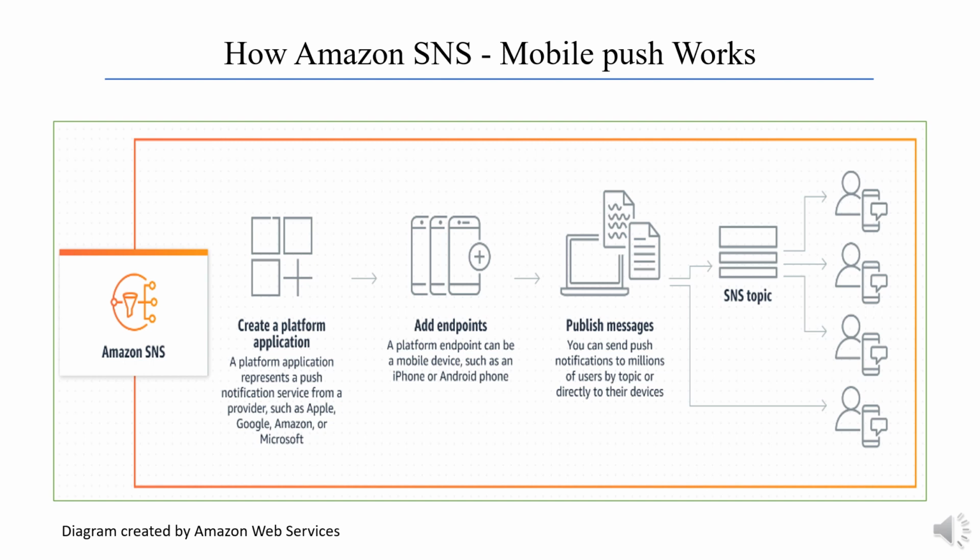The diagram is created by Amazon Web Services. The diagram shows how messages are pushed to end user devices using SNS topic. We recommend you read the diagram and get a better understanding of how Amazon SNS mobile push works in an application environment.